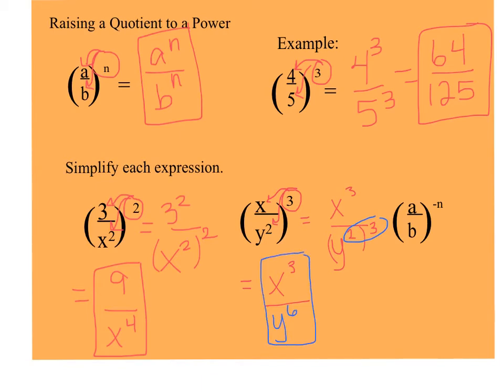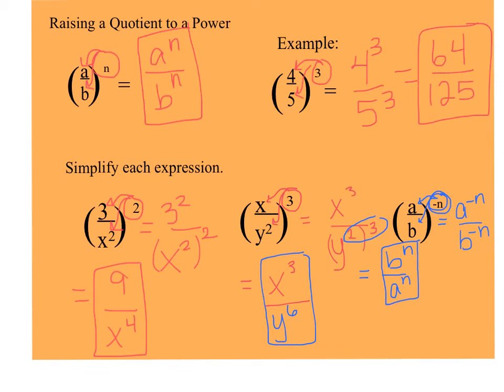And then in the last one, again, that negative n can be distributed, and that makes it a to the negative n over b to the negative n. To make both of those positive exponents, they basically just switch places. B to the nth is the numerator, a to the nth is the denominator. There is another way that you can work with this one right away to make that negative n exponent positive.